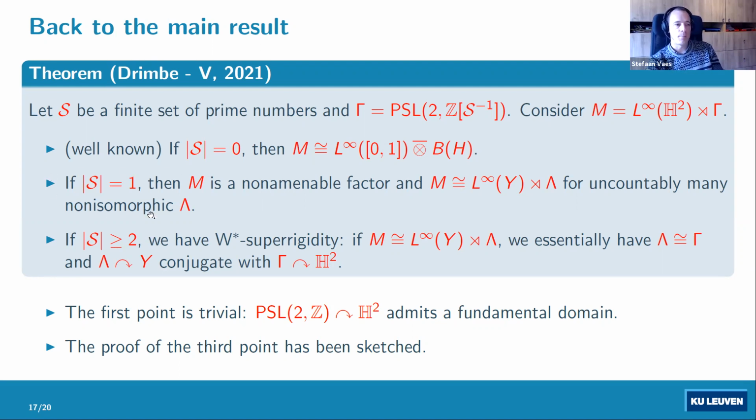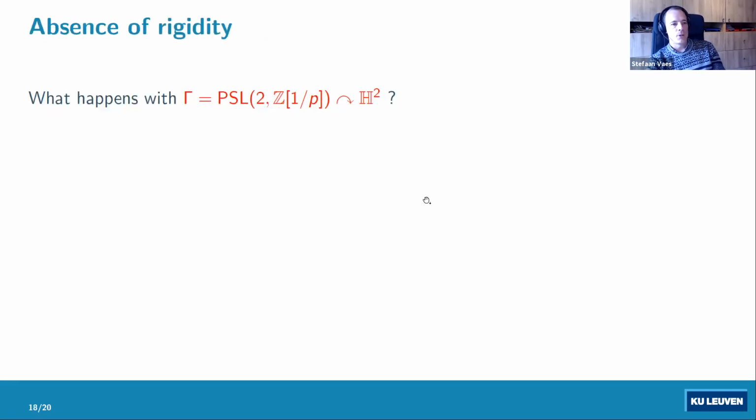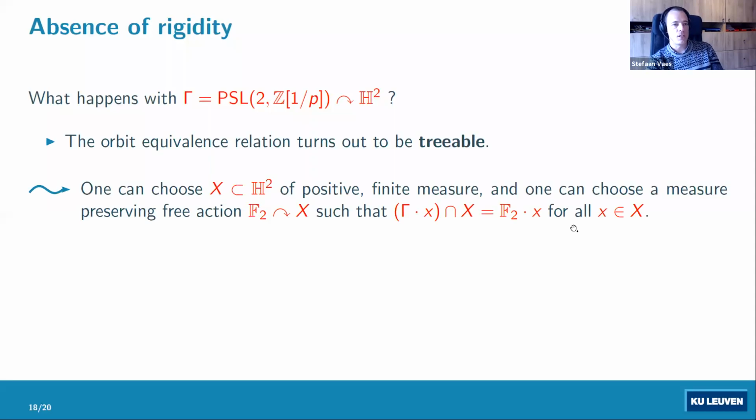If I just add 1 prime, we have a non-trivial situation. We have a non-amenable factor, but still it's not rigid at all. So what is happening here? What happens with this group action? Well, actually it's an observation, but you have to take the good point of view that the orbit equivalence relation is so-called treeable.